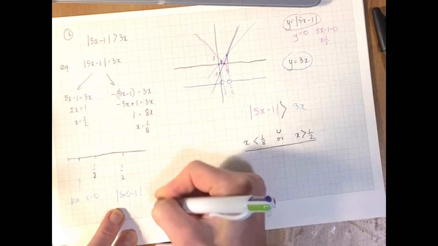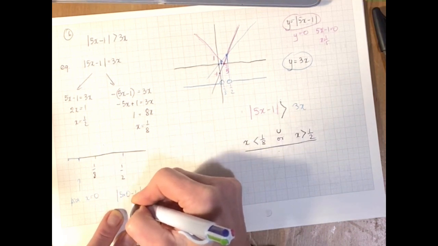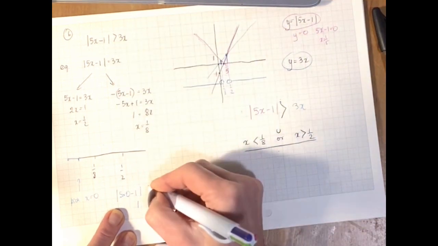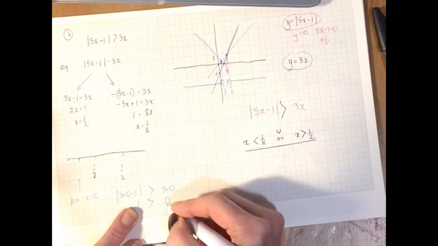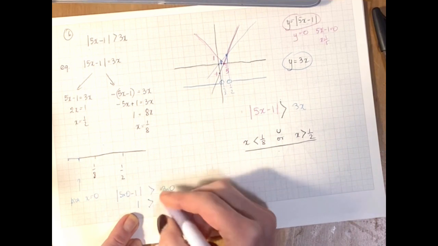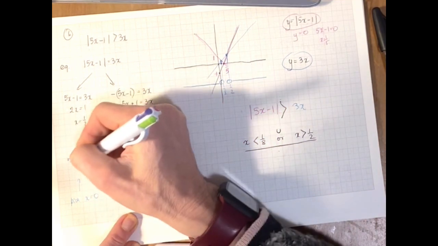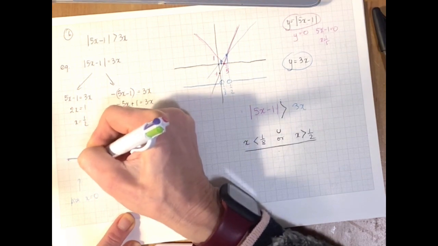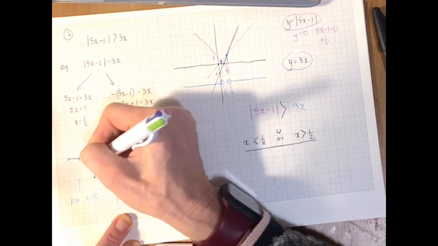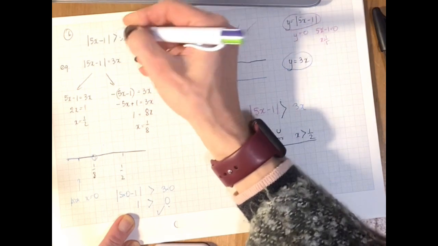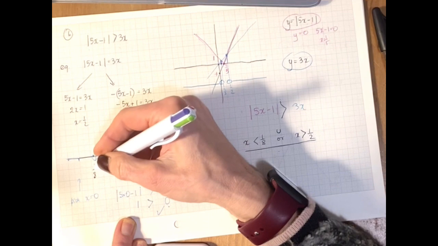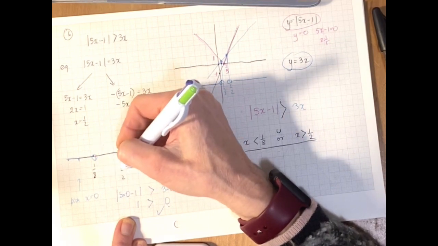So you have 0, and then you've got modulus of minus 1, so it's 1. And the symbol is greater. Is that true? Is 1 greater than 0? Yes. So you are going to keep all the bits to the left of 1/8, not including 1/8 because you have a strict inequality.